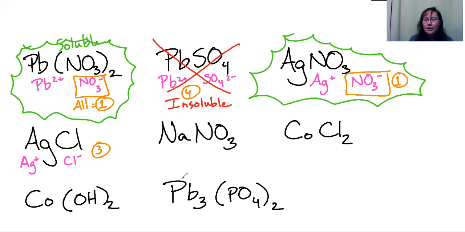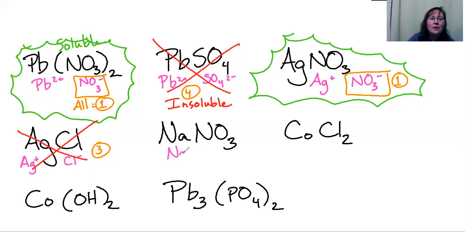Mercury 1, lead 2, silver, these are things that are going to make our anions insoluble unless we're putting them with nitrate. Okay, so that means that this one, because of the silver with the chloride, is going to be insoluble.